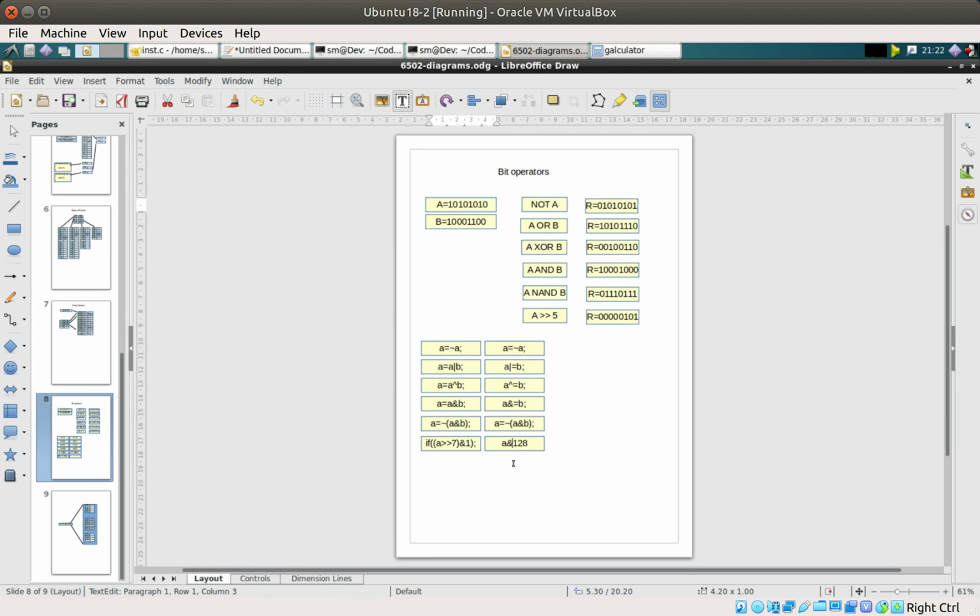Now this bit is exactly the same thing, because 128 in binary is represented like that. What you're saying is mask out all of these bits, because remember A and B, so the only one that can be true is this one. For the result of A and 128 to be true, that bit must be set. If it's false, that bit isn't set. So bit 8 is tested there.